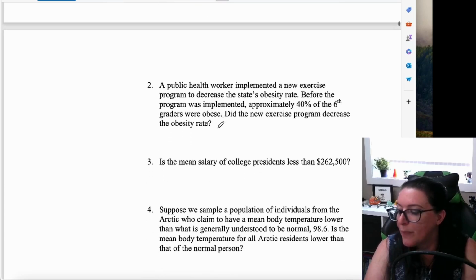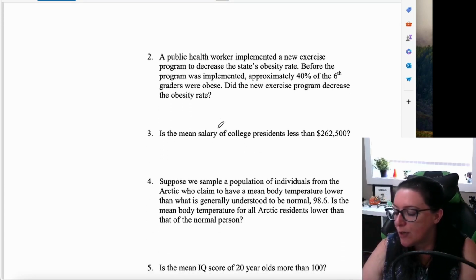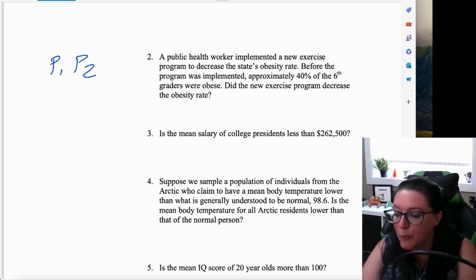How about this one? A public health worker implements a new exercise program to decrease the state's obesity rate. Before the program was implemented, approximately 40% of the sixth graders were obese. Did the new exercise program decrease the obesity rate? Here we're looking at proportions, and we could look at it in terms of a P1 and a P2, which is the obesity rate before and after.